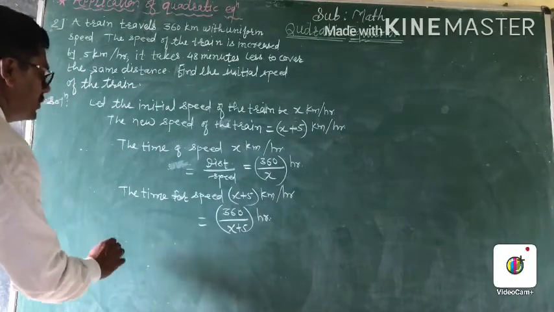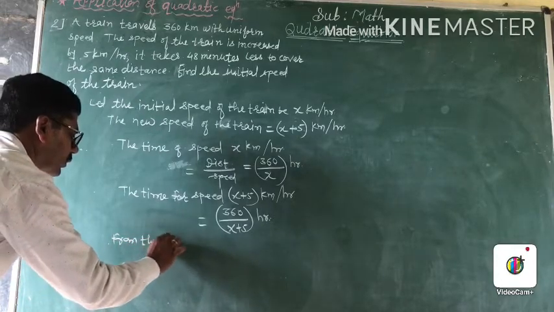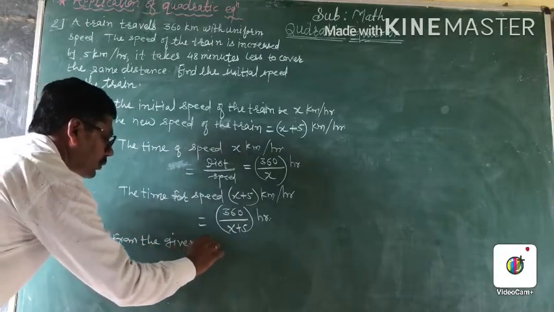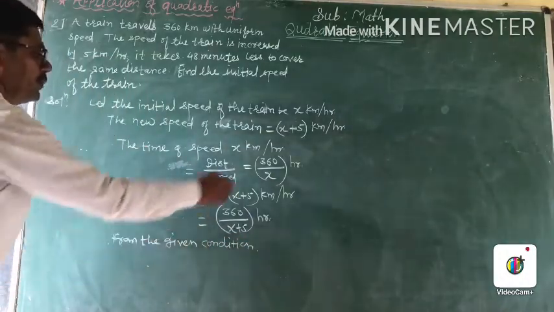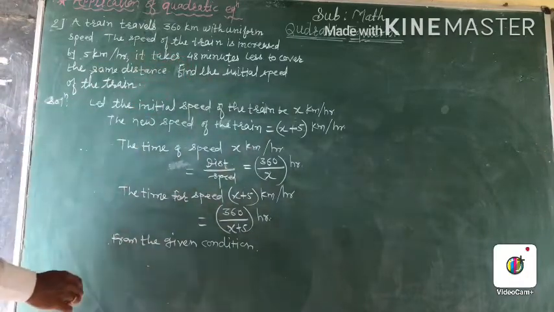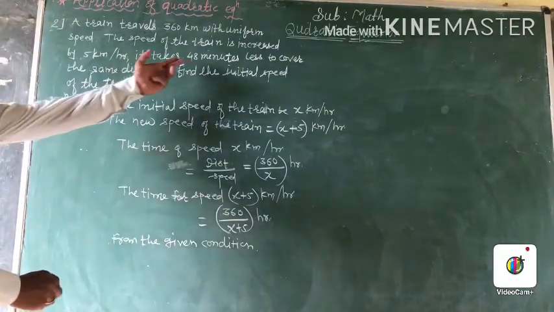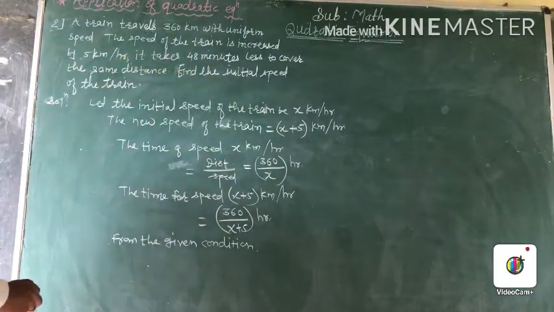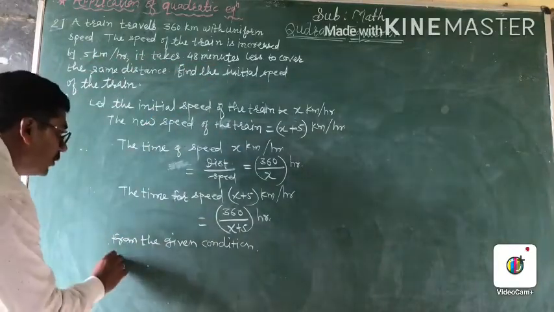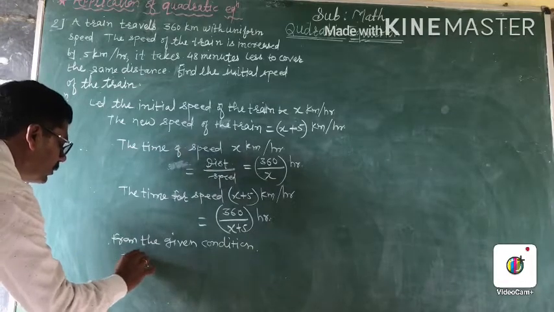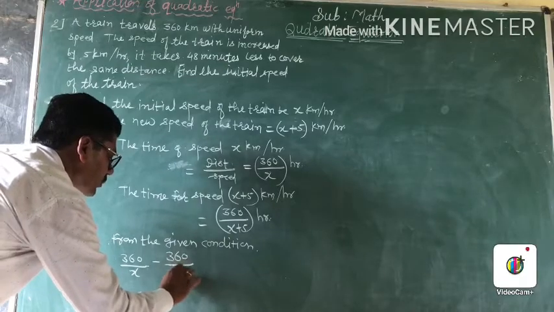Now from the given condition, the difference of time is 48 minutes. It takes 48 minutes less, which means there is a difference: 360 divided by x minus 360 divided by x plus 5.